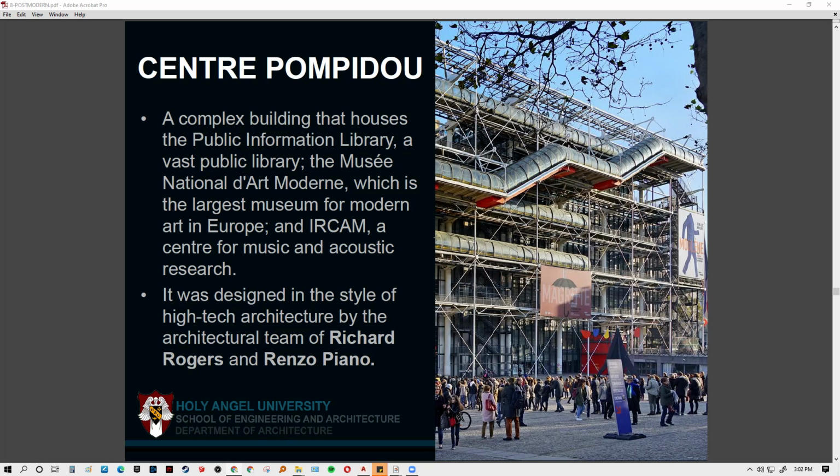The Centre Pompidou is the largest museum for modern art in Europe. Imagine it like the Crystal Palace, a modern Crystal Palace.